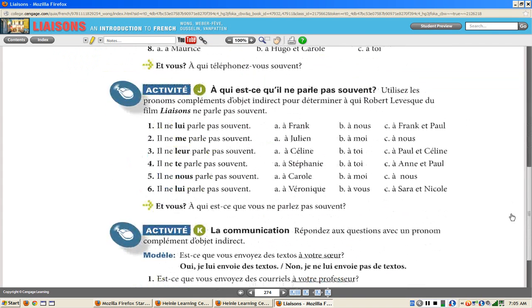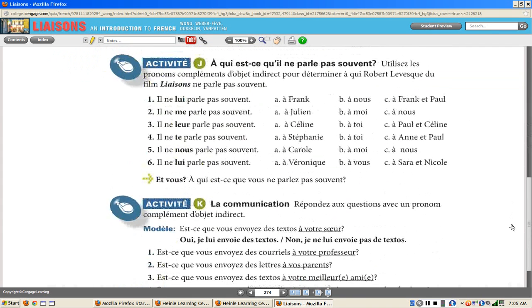I've already introduced it in the context of the direct object because I like doing direct and indirect at the same time. I like to emphasize the difference between direct and indirect, as well as the importance of placement, which is the same for both. You put it before the first verb.